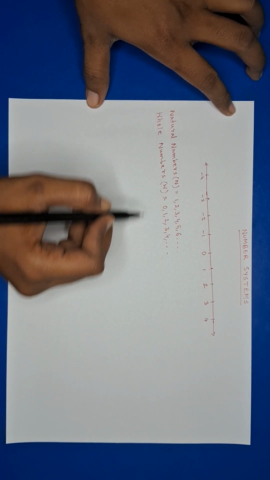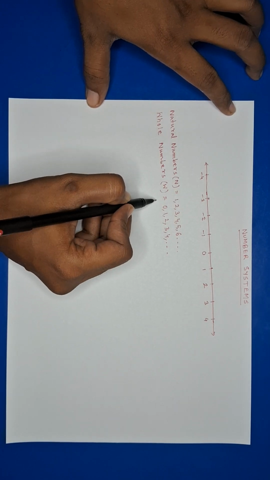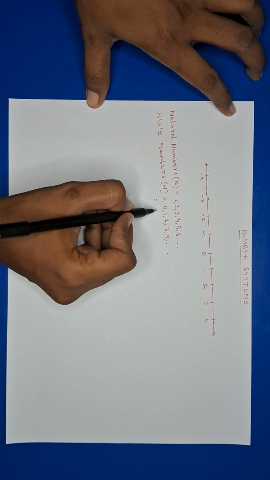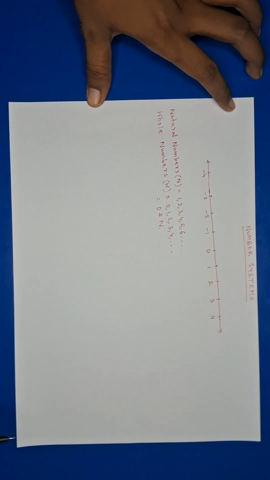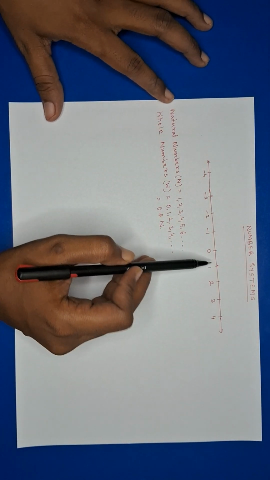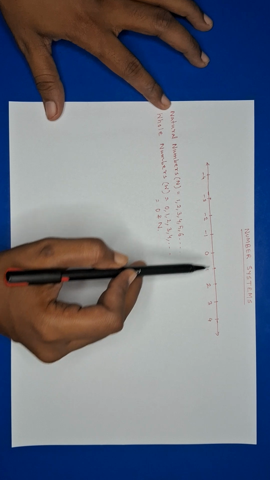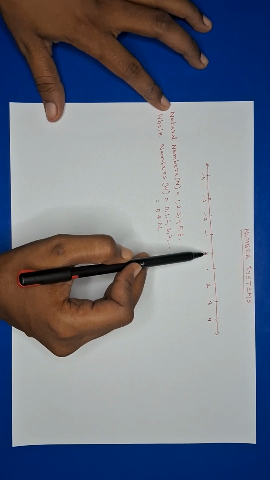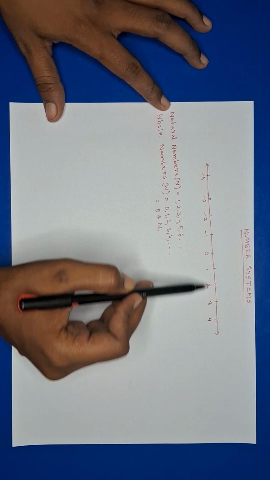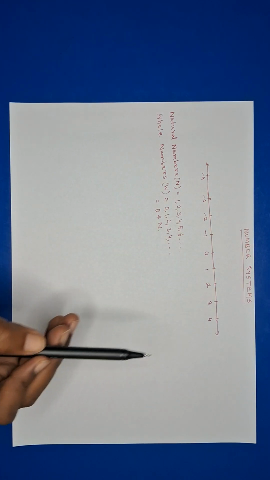So basically, whole numbers consist of 0 and natural numbers. So we have covered the numbers on the right side of 0, including 0: 0, 1, 2, 3, 4, etc.